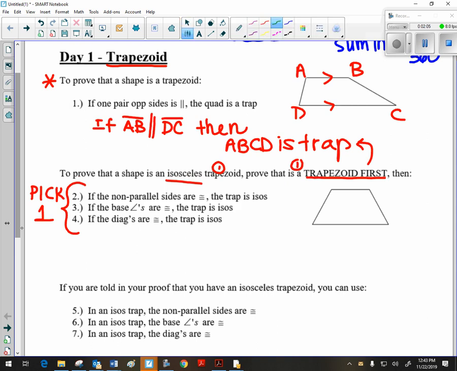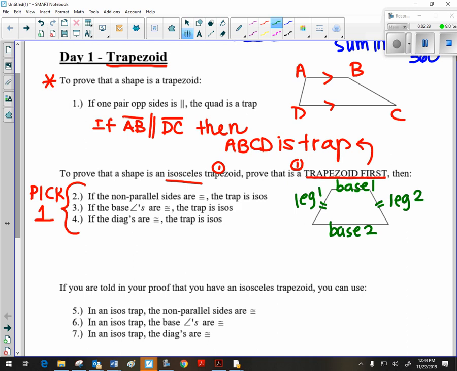Back in middle school, you learned about the parts of an isosceles trapezoid. The parallel sides are called the bases, base 1 and base 2. The 2 sides that are congruent to each other are called the legs. I'll just make this leg 1 and leg 2. They're not normally called that, but we'll talk about it that way.